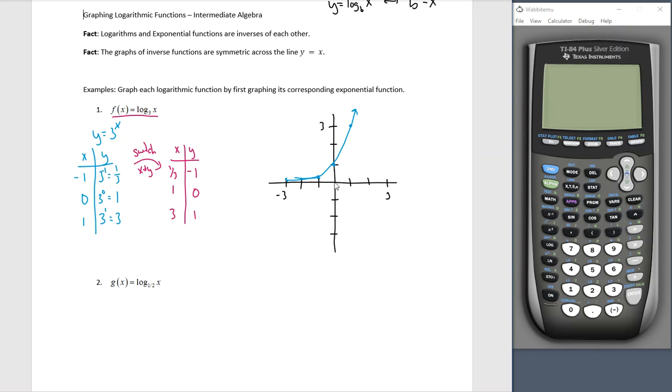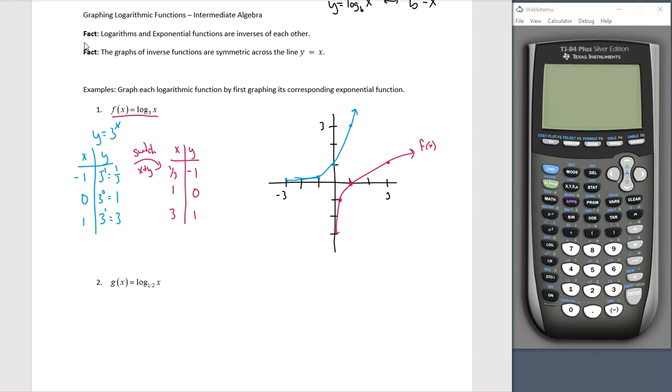So let's see. When x is 1/3, my y value is -1. X value of 1, y value 0. X value 3, y value 1. We could draw this in here very carefully.